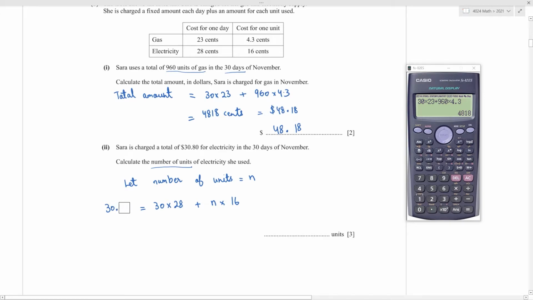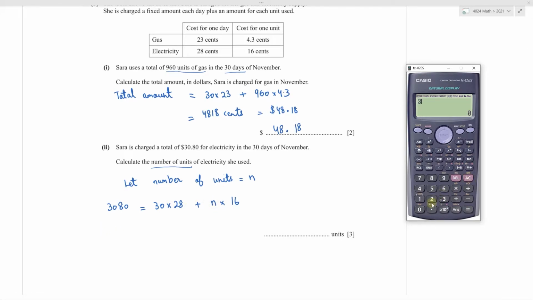First, in fact, this should be in cents because everything here is in cents. So $30.80 should be 3,080 cents. So now you will solve for n to find the number of units. This cost is 28 cents for 30 days and then 16 cents multiplied by n units that were used.